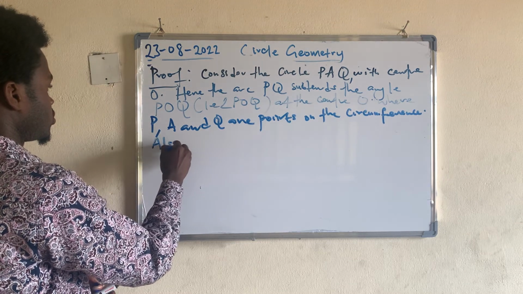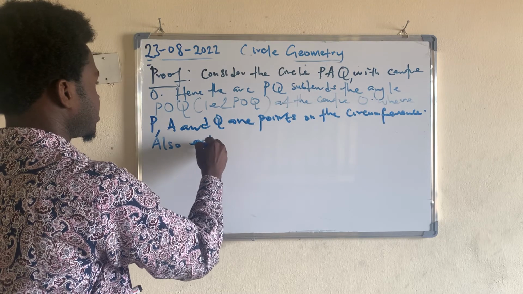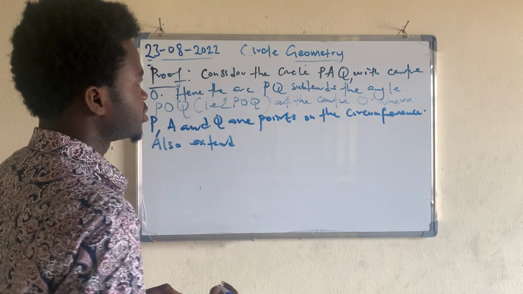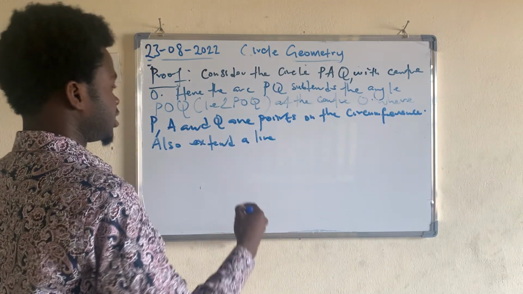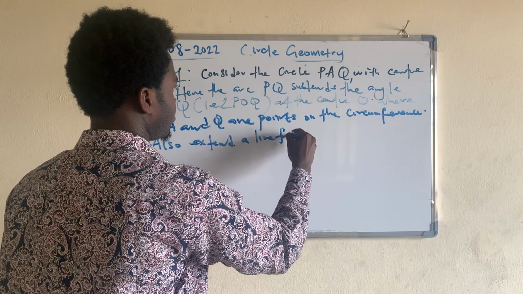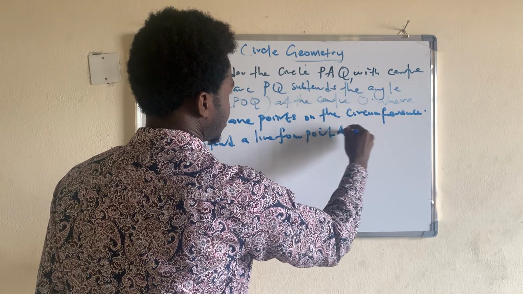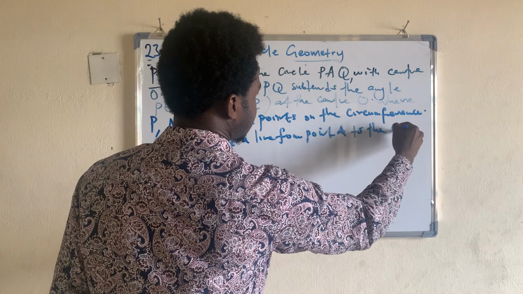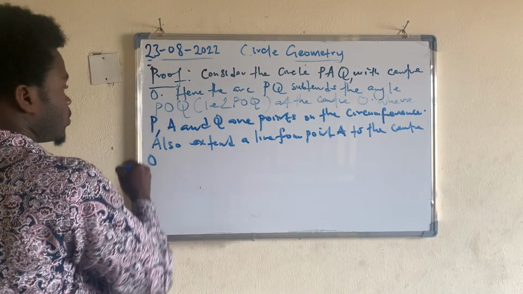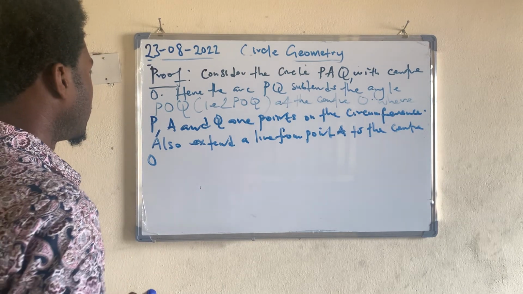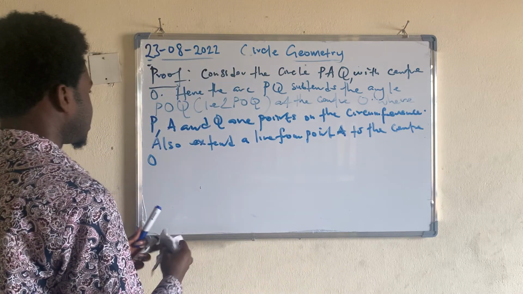Also, extend a line. So it could be a dashed line, a line from point A to the center O. Also, let's use the word connect.